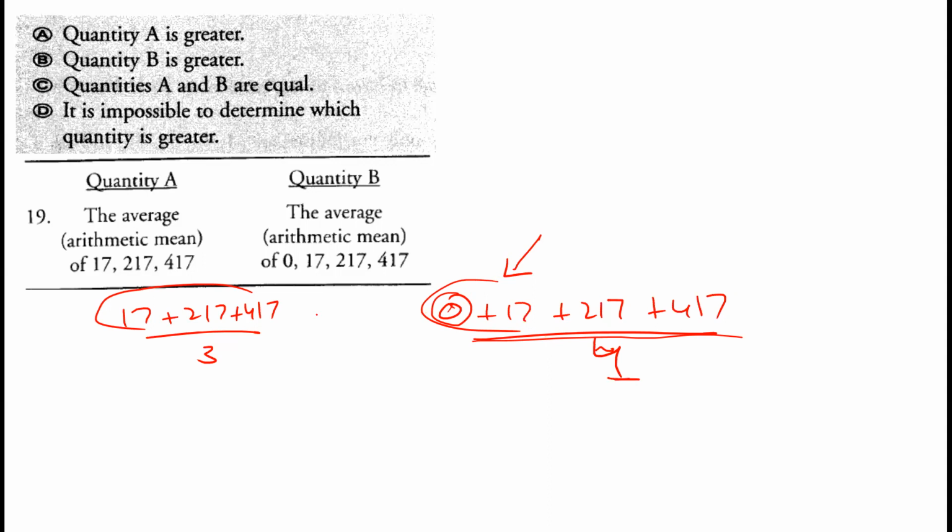So definitely quantity A would be greater, because in both cases the numerators are equal. Quantity A is being divided by 3, so this is going to give you a higher number with respect to quantity B, which is being divided by a larger number. So quantity A is greater than quantity B. So option A is correct.